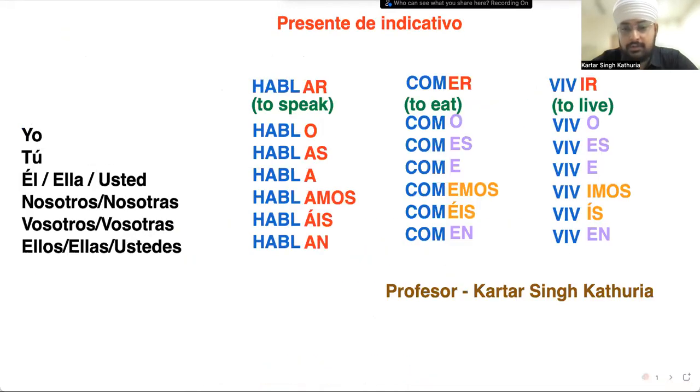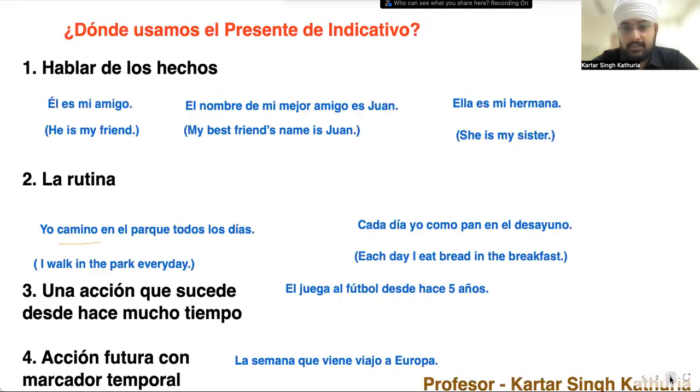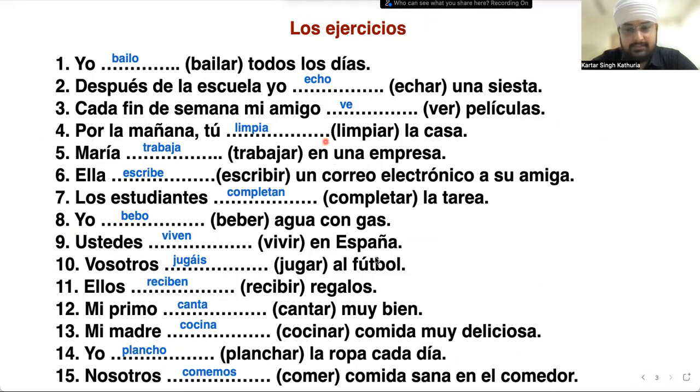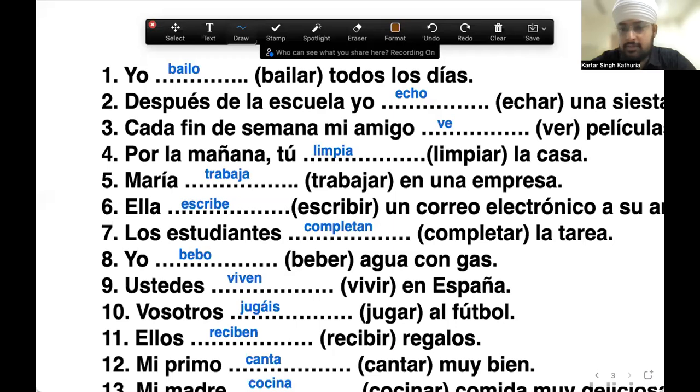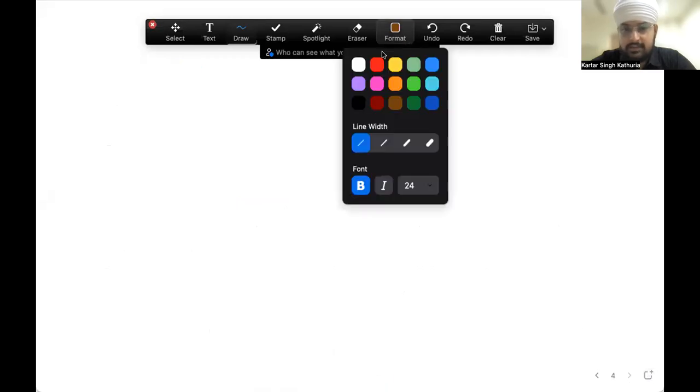This was about the present tense. Regular verbs. Conjugations are here. Then we have the uses. And then we did this exercise. I hope this video has been productive to you. Request you to please practice more exercises. You can search on the internet just by typing this phrase and you will get a lot of exercises.